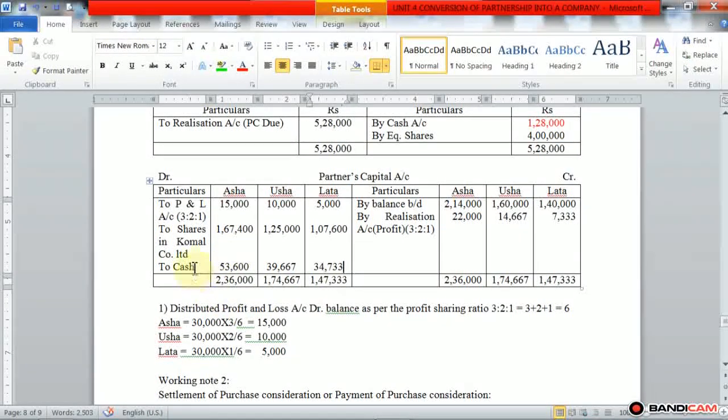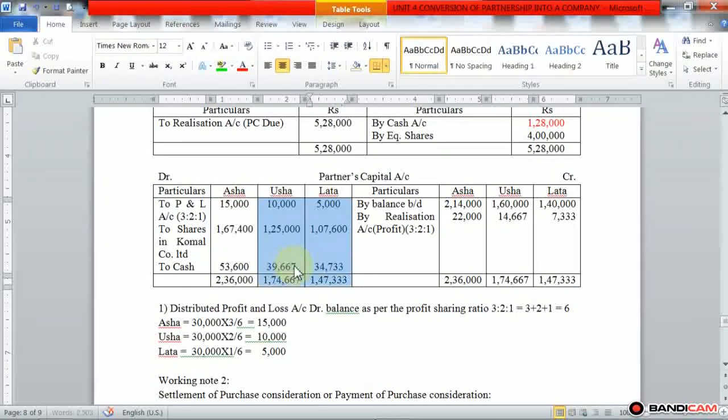That difference is the cash distributed among the partners, received on account of the purchase consideration. So this 1,20,000 is received in the final claim of the partners. We distribute the cash as per the difference created in the partners' capital account.